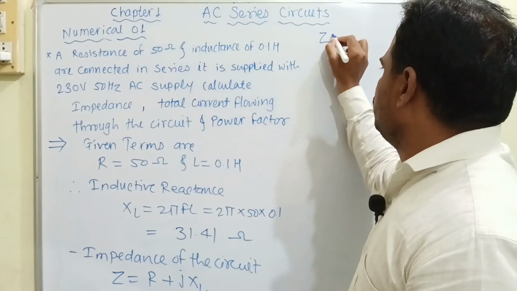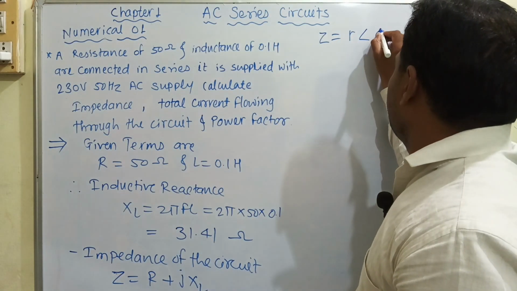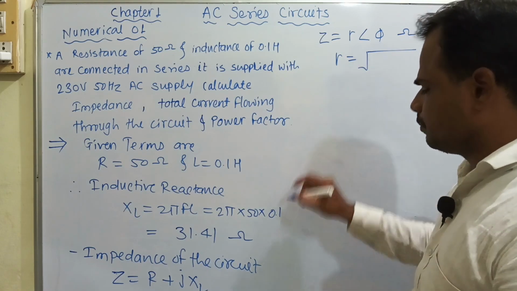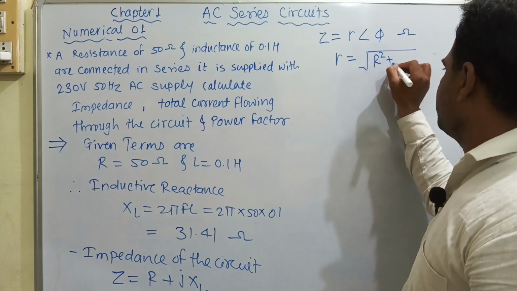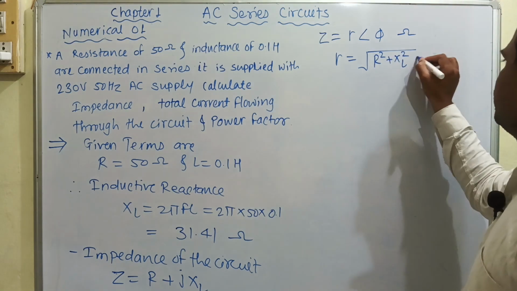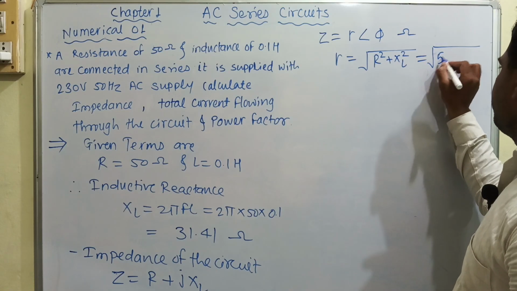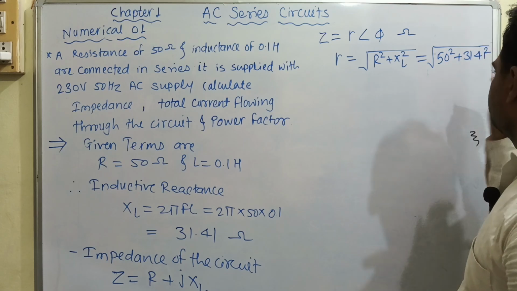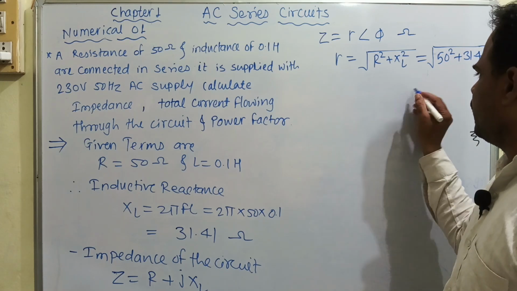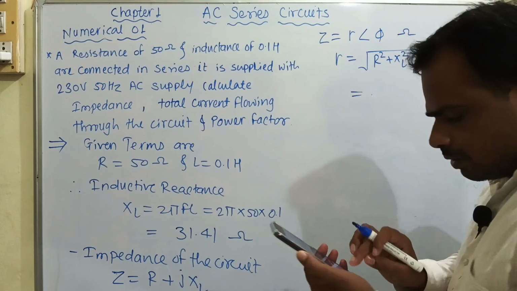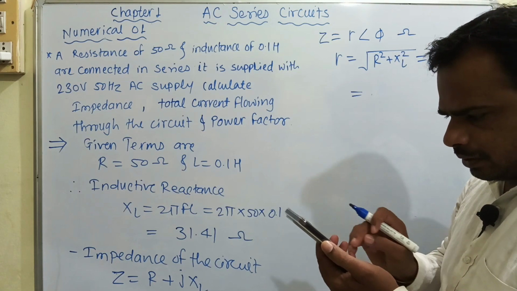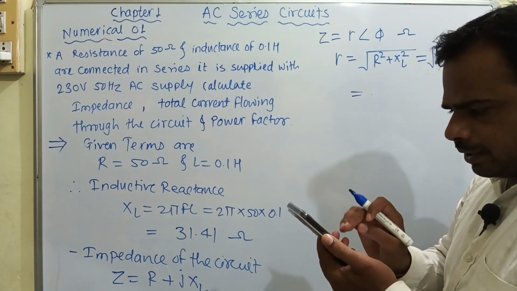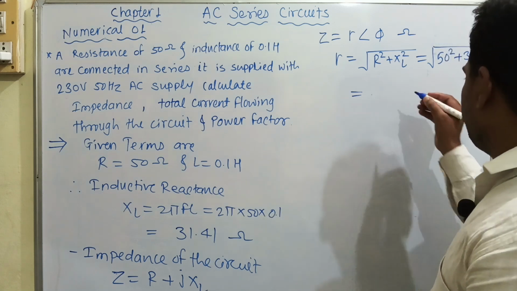So Z is equal to R angle phi ohm, and the value of R is under root R square plus XL square, means under root 50 square plus 31.41 square. We get the value of R as 59.04.